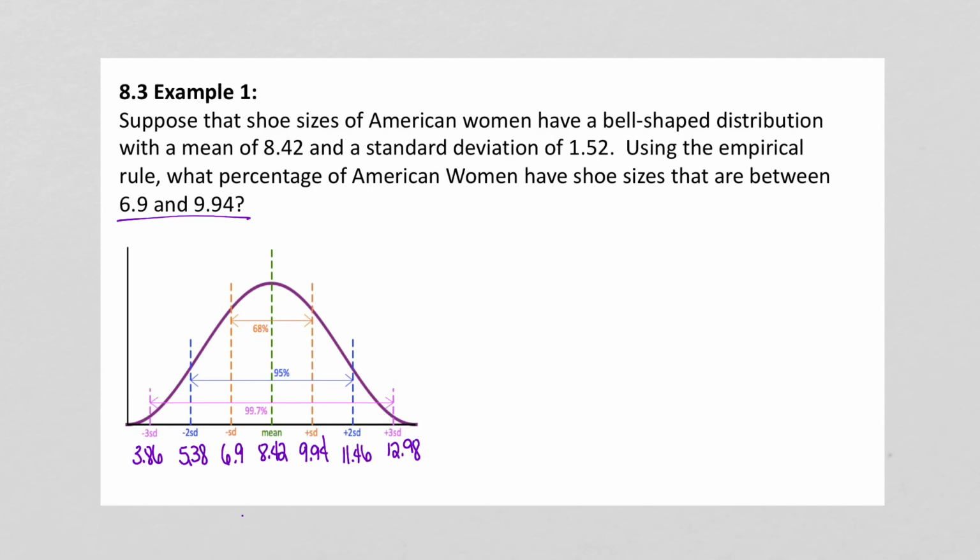So now we should be able to identify, here's 6.9, here's 9.94, and we want what is between that. And for our empirical rule, it says that 68% of the data is within one standard deviation of the mean, one below and one above. So that's what we'll use.